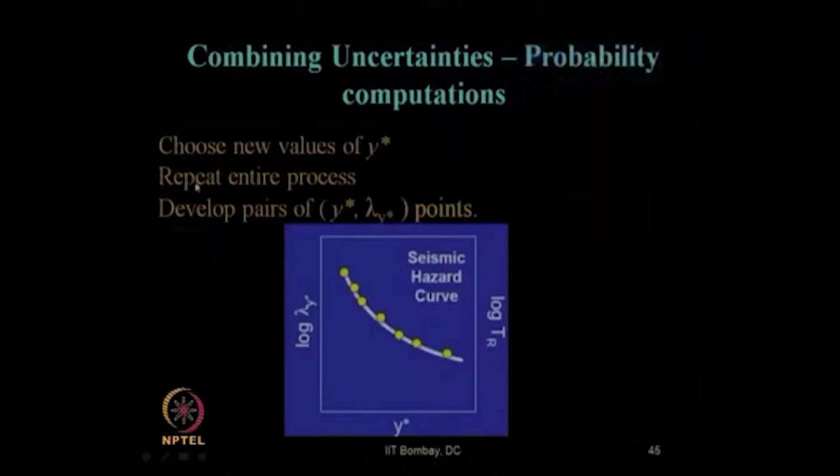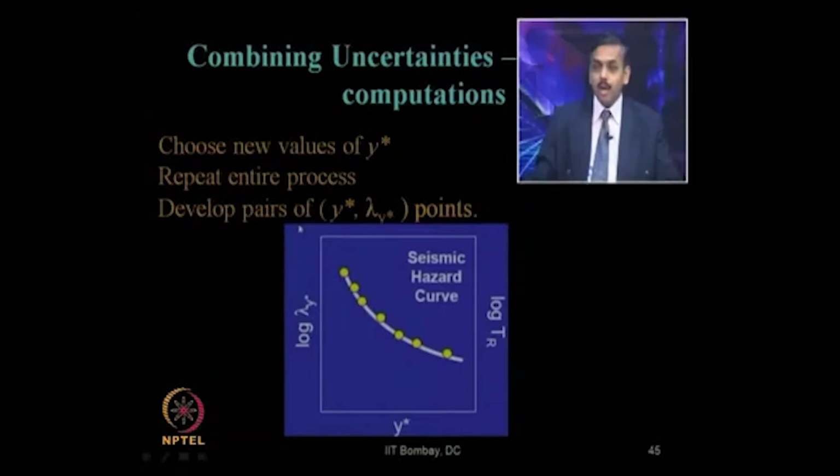Now, we need to choose a new value of y star and repeat the entire process, because to find the conditional probability you need another set of y star to develop another curve. Each of these, log of lambda y versus y star, will give you the final seismic hazard curve. Earlier, in deterministic seismic hazard analysis, we got a single value.